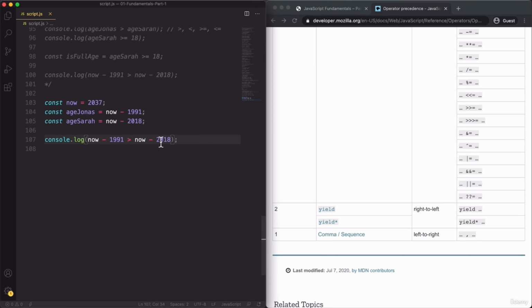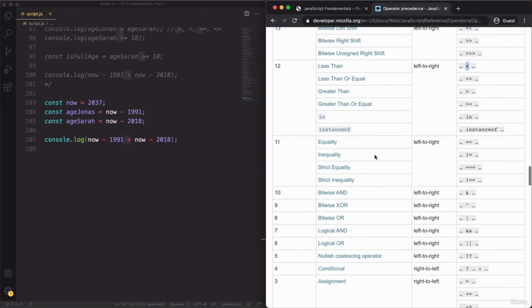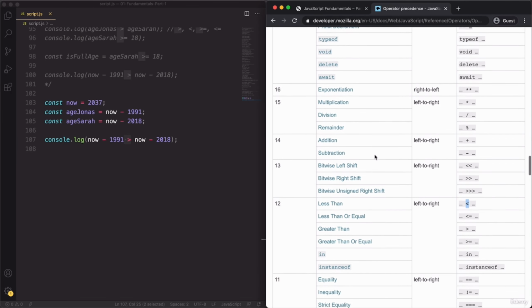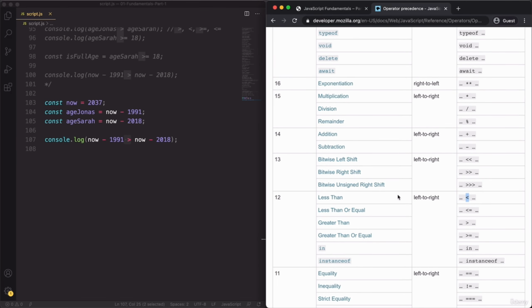But let's now stay in the context of our current example, which is this one here, and let's understand what exactly happens here in terms of operator precedence. We already know that these two calculations here are done before the comparison. So let's actually see that in the table. Here we have the comparison, this greater than, and you see that it has a lower precedence than the subtraction here. So this has 14 and this has 12, right?